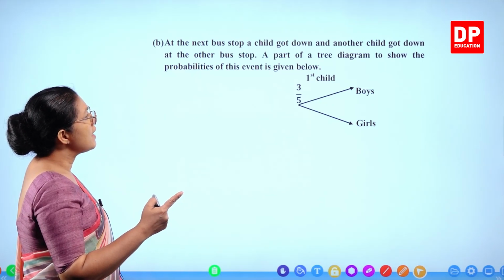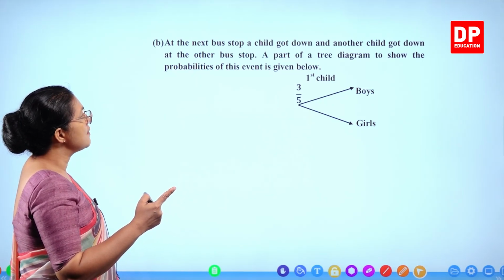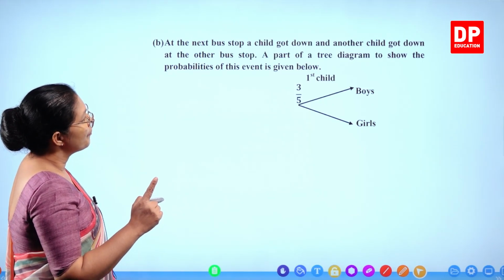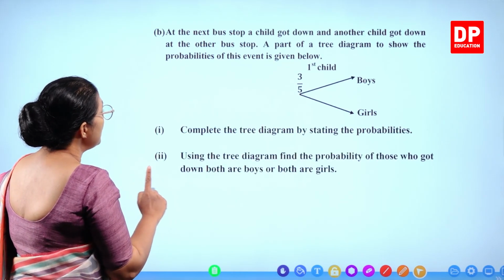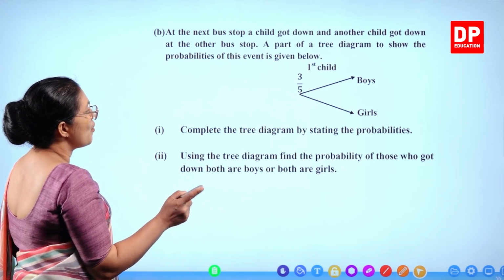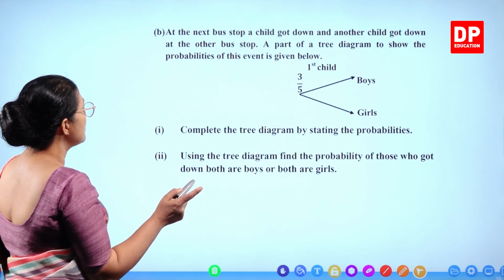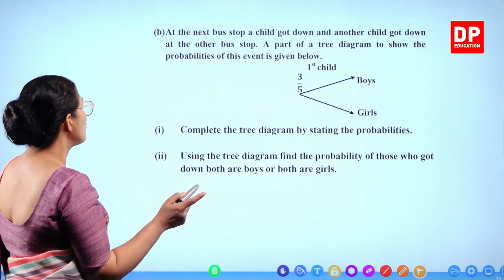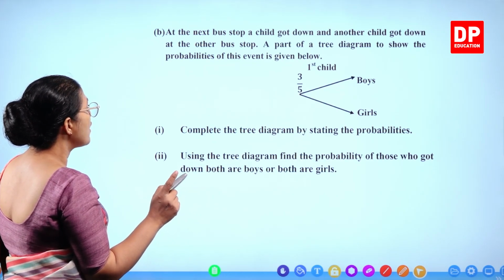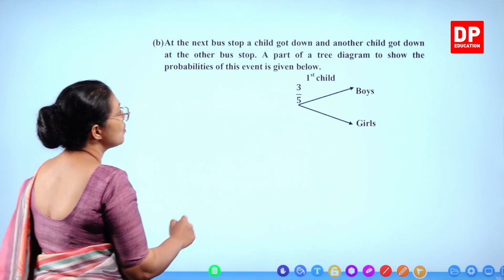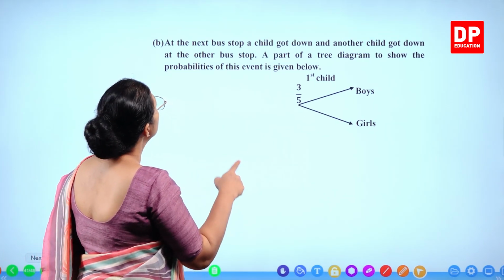A part of a tree diagram to show the probabilities of this event is given below. So you are asked to complete the tree diagram by stating the probabilities. Using the tree diagram, find the probability of those who got down, both boys or both girls. So let's fill this one.